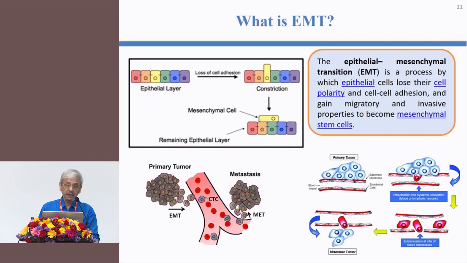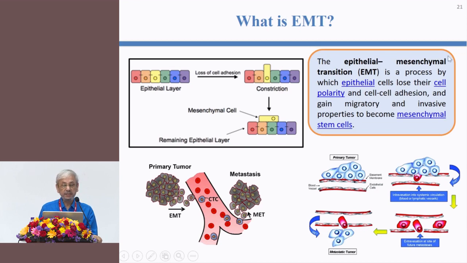Second part is basically, through this process, when the cancer cells pass through different organs, there is a transformation that is called epithelial to mesenchymal transformation. Now, cells that come out from the primary tumor side are basically epithelial cells.